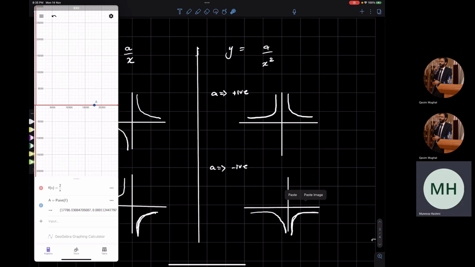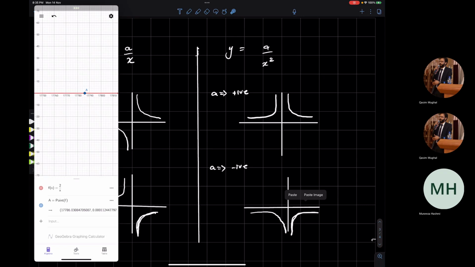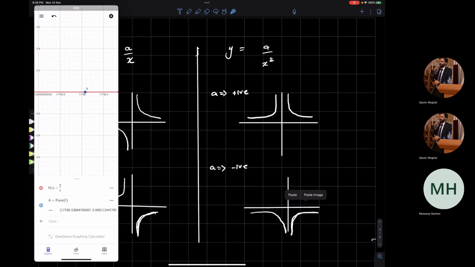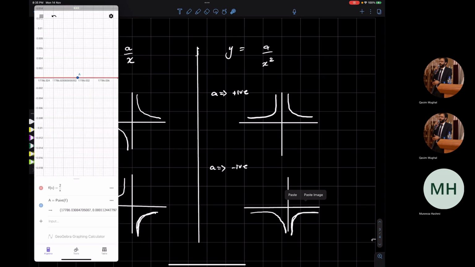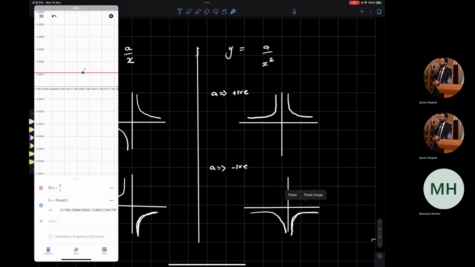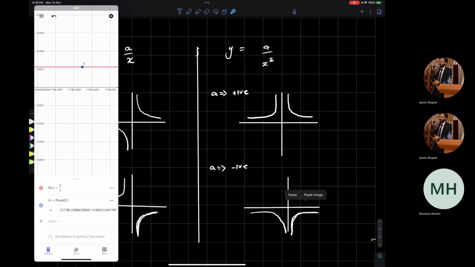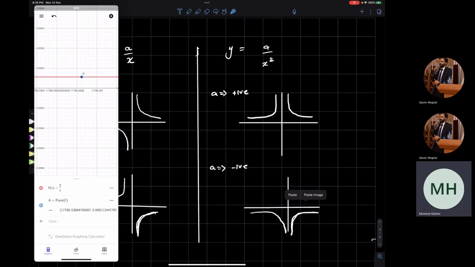Apparently, the red line looks like it is merged with the x-axis, but if I zoom in a lot, then you will see a point will come where you will see the red line and the x-axis as two separate lines. Do you see them now? Yes, sir.